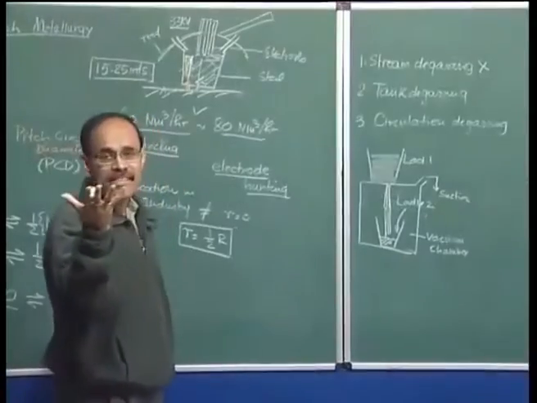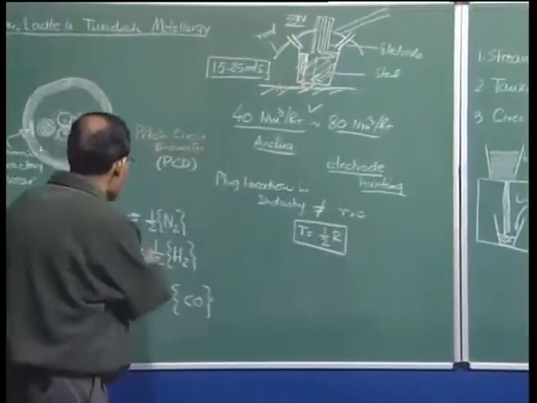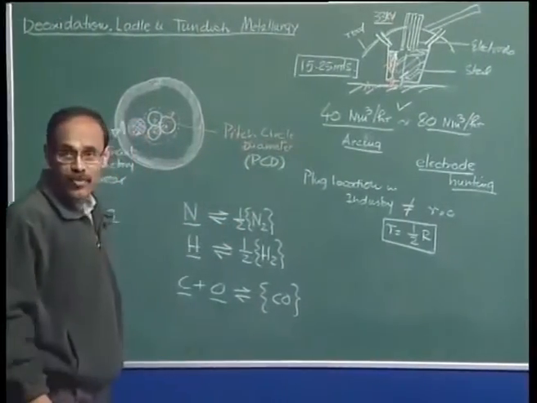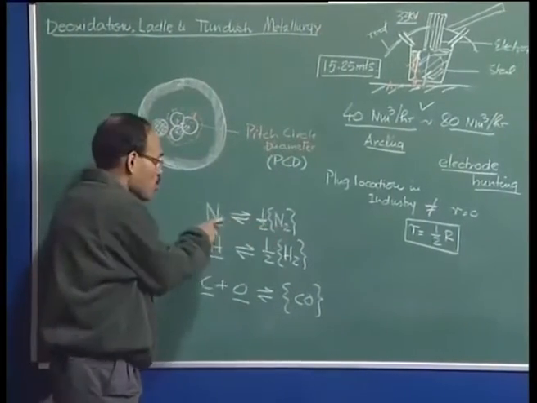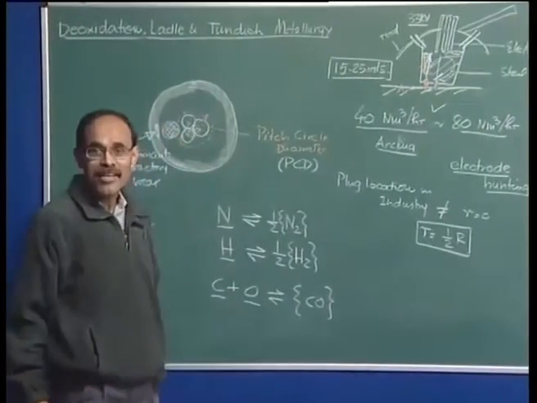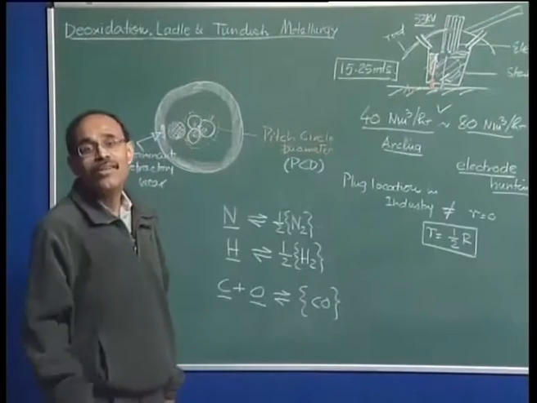Large surface areas are created, because these reactions occur at the phase boundary. This is in the metal, this is in the gas phase. These are heterogeneous chemical reactions, so the rate of the chemical reactions is related to the surface area.